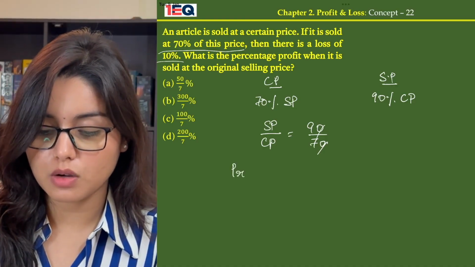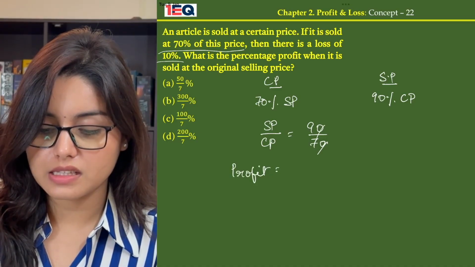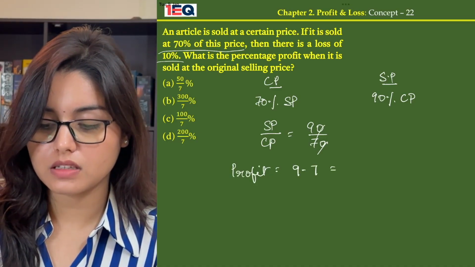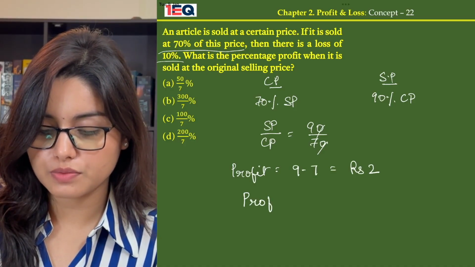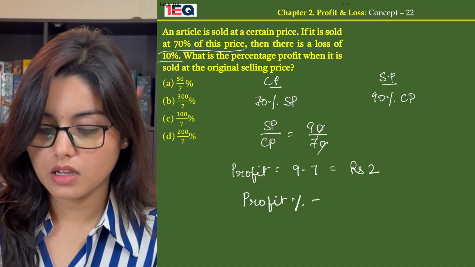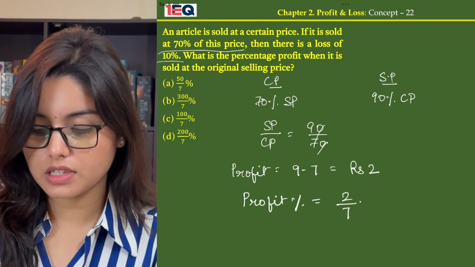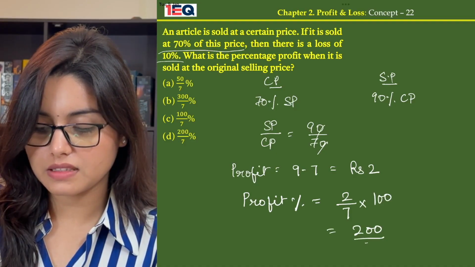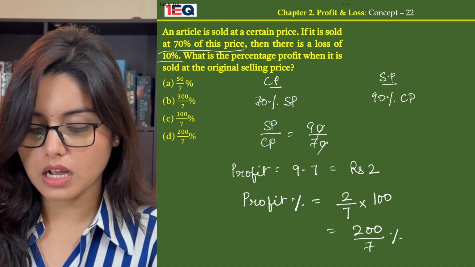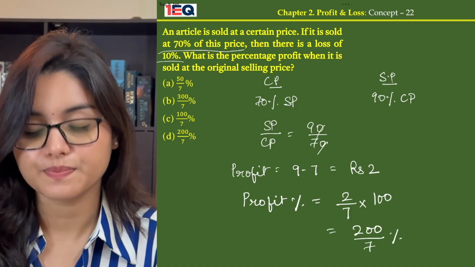The profit amount is 9 minus 7, that is rupees 2, and profit percentage is 2 by 7 into 100, that is 200 by 7 percent. So, our answer is option D.